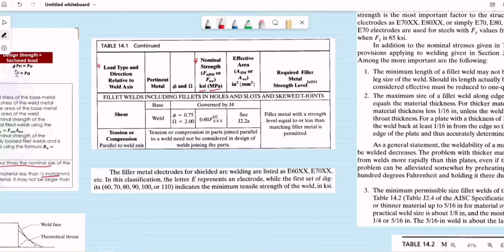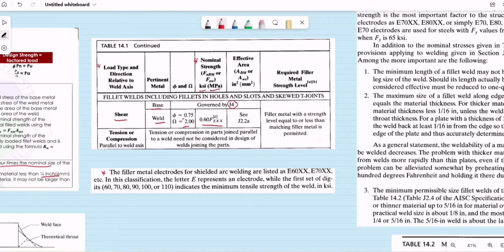For the base metal, it is governed by the table, I think this is for another reference, J4. Then for the weld, when it comes to shear, we'll be using a reduction factor of 0.75 and 2.0, and we have 0.60 of F sub EXX.